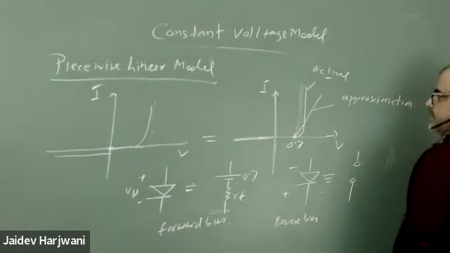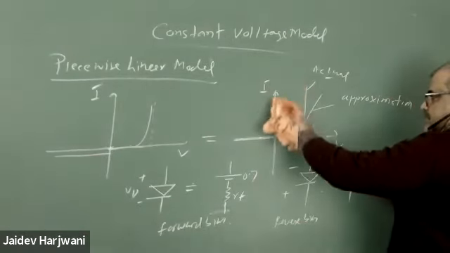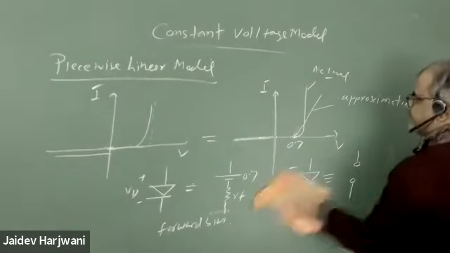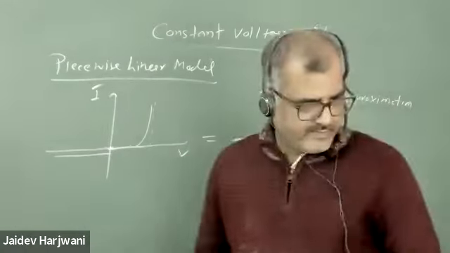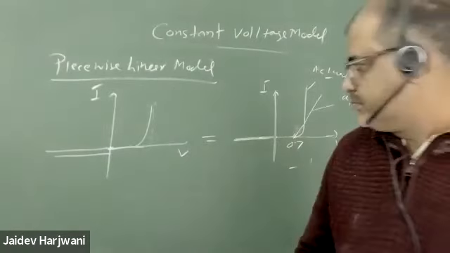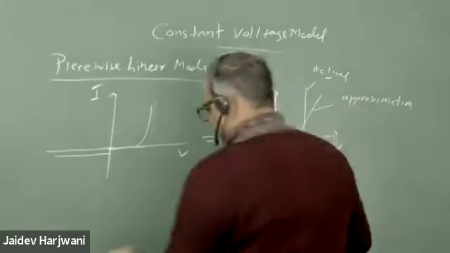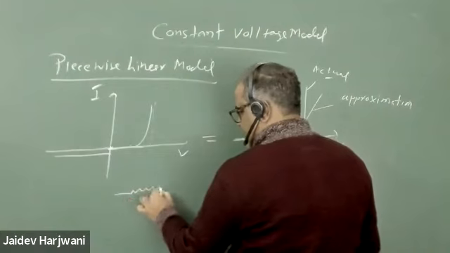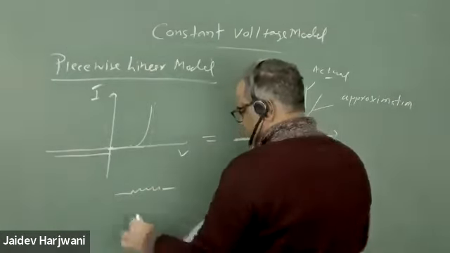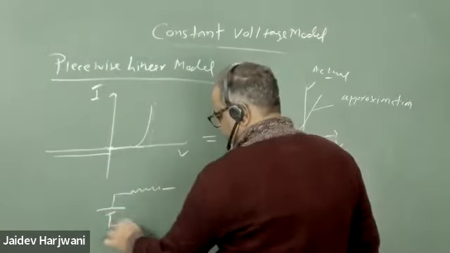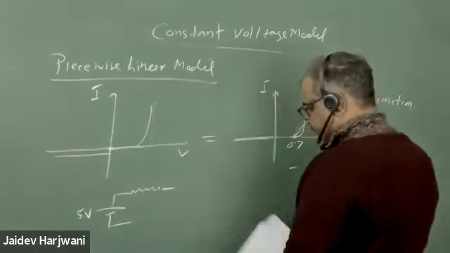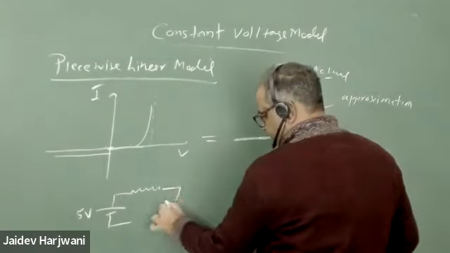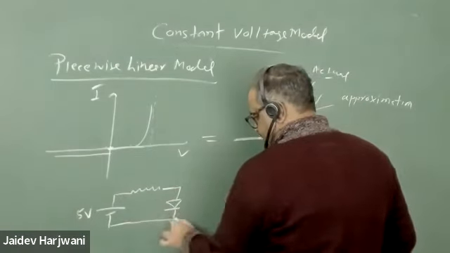So let me solve one problem for you. They have given you a resistance, a 5-volt battery, and then a diode.